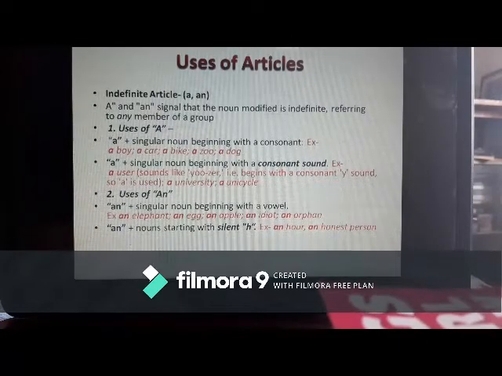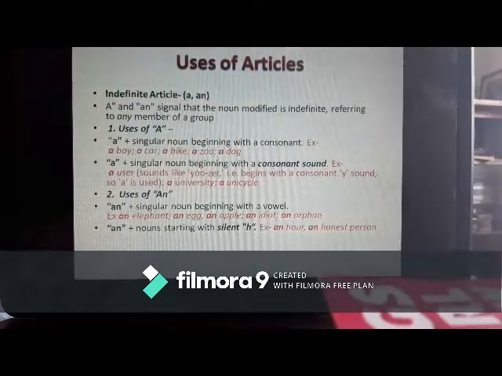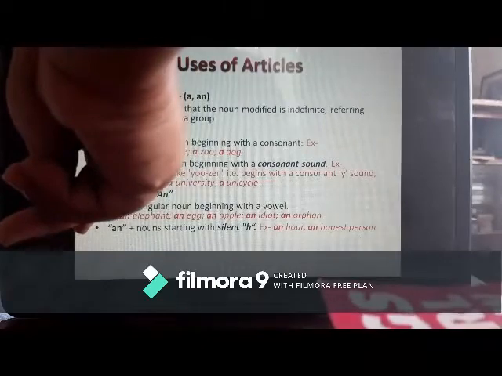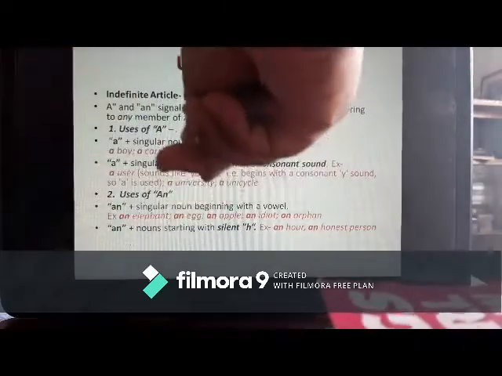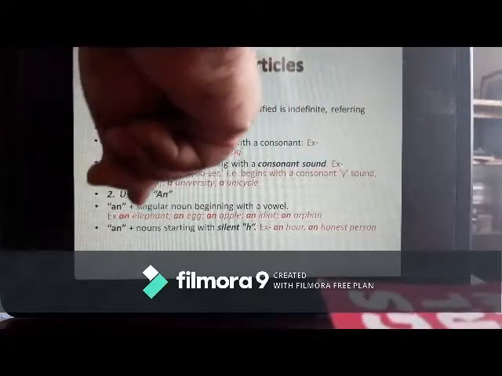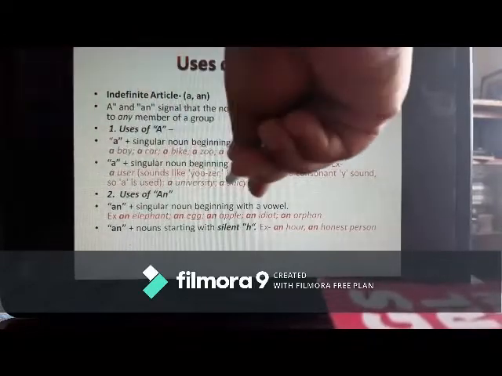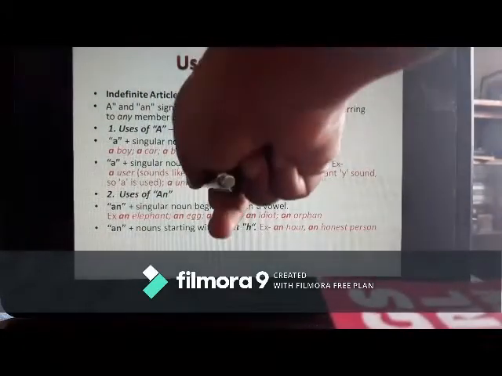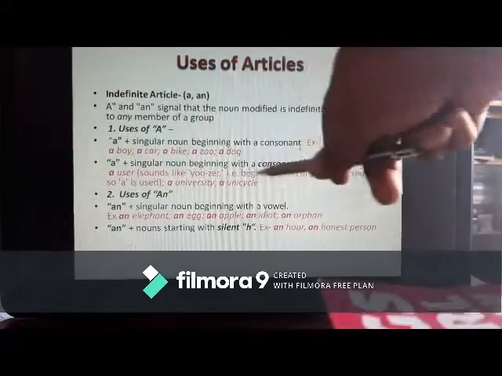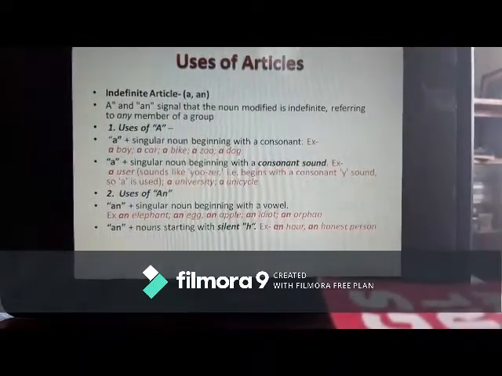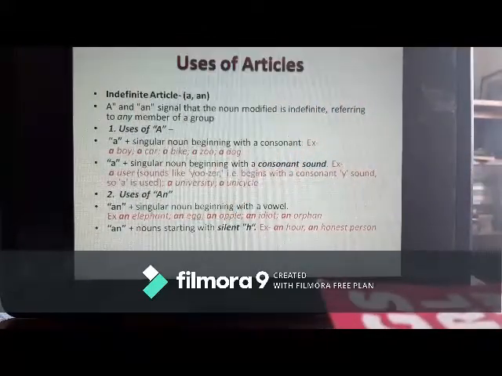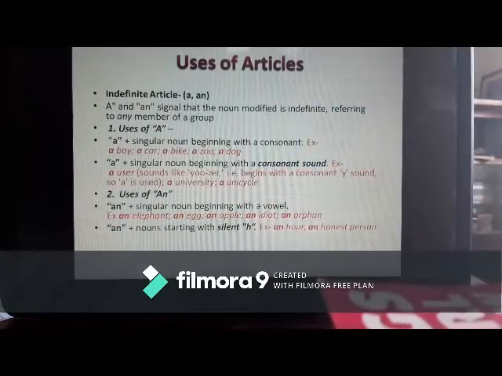For example, a user. Here you can see it begins with a vowel letter, but the sound is ya, that is y. Okay, so user begins with a consonant y sound, so it is a user, not an user.